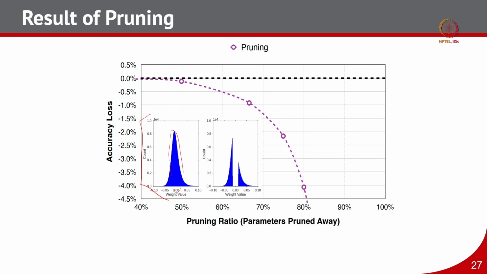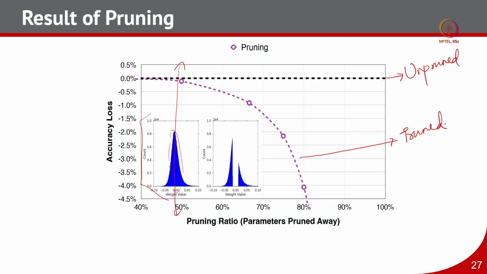Now, it is seen that if we do so, till maybe 50% of the pruning ratio, the accuracy is the same as the unpruned network. Here the black dotted line is showing the loss for the unpruned network, and this purple line is showing the loss for the pruned network.